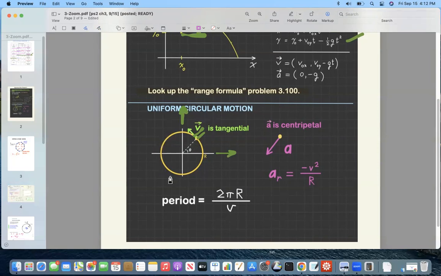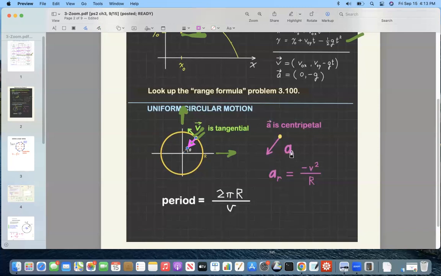Think of this as a race car going around a racetrack. It has a constant speed, say 60 miles an hour or something. That's uniform circular motion. Well, then its acceleration is toward the center of the circle.